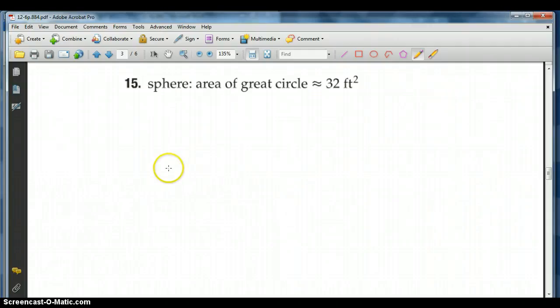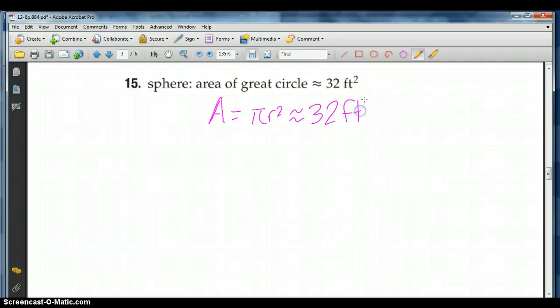Number 15, find the surface area of a sphere where the area of the great circle is approximately 32 square feet. So area of the great circle, which is pi r squared, is approximately 32 square feet.